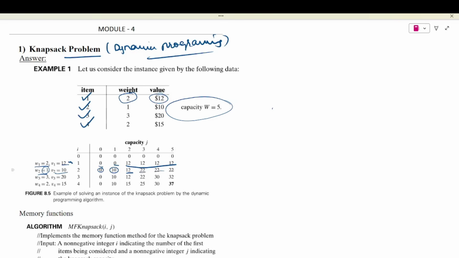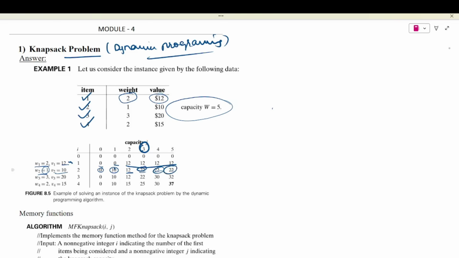Now you will be considering excluding the item and including the item. See, for capacity 3, what you will be doing, you will have the include item and what you have excluded. That is, you have excluded 12 and you have included 10, you will be adding and writing that here. Okay, I hope you got this. Next also, again the same.